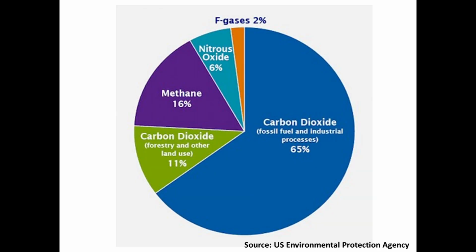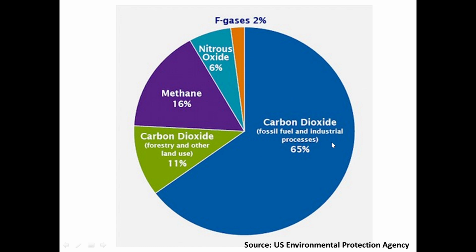So this is a graph that shows which gas is how much responsible for global warming. Here we can say carbon dioxide is responsible for 76%, methane is 16%, nitrous oxide is 6%, and fluorinated gas is 2%. What are the sources? The sources are fossil fuel and industrial processes.